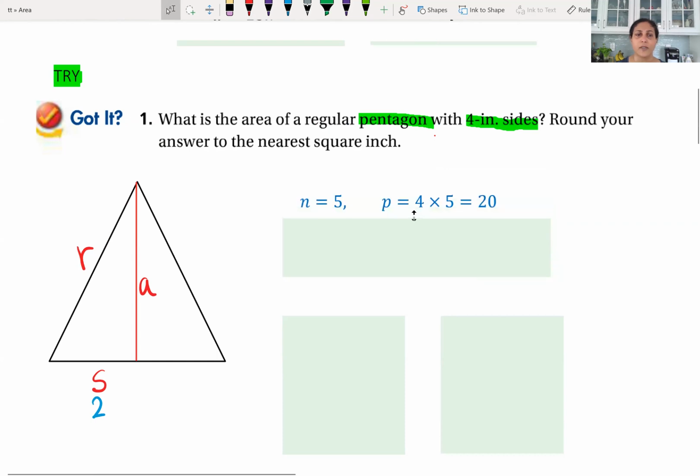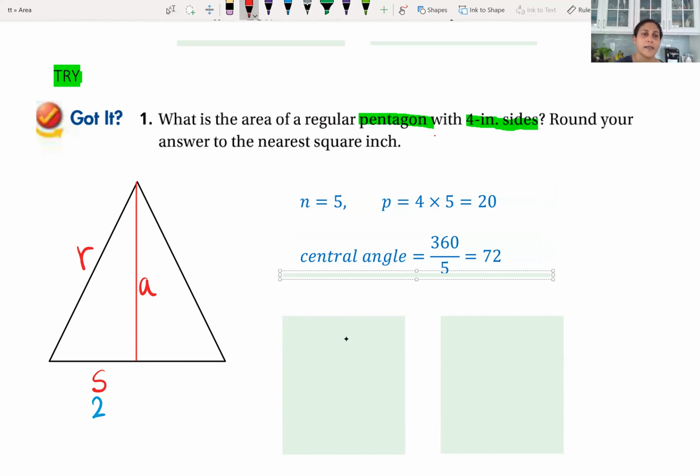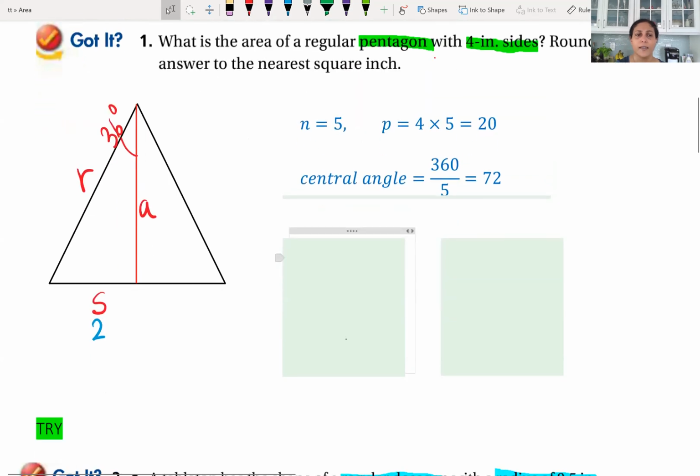We have n is equal to 5 and the perimeter is 4 times 5, which is 20. And the central angle is 72. If the central angle is 72, then you should remember that this angle here is just 36. And so we're going to use 36 to find the apothem.